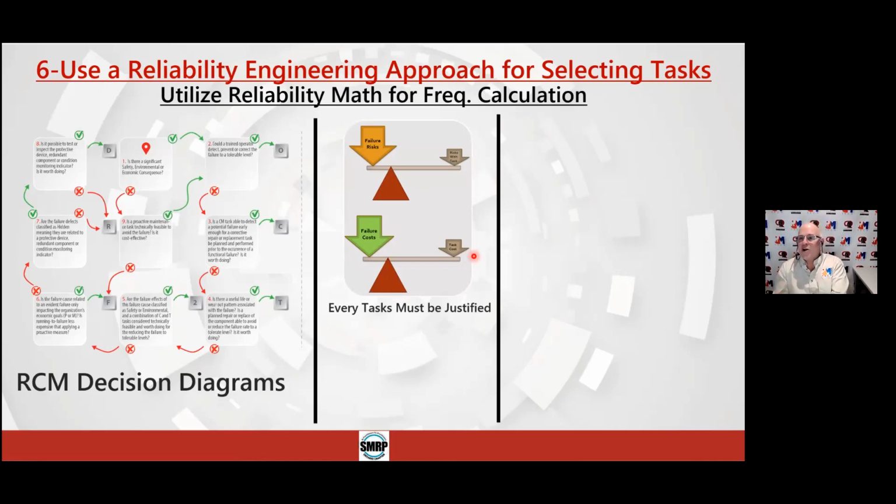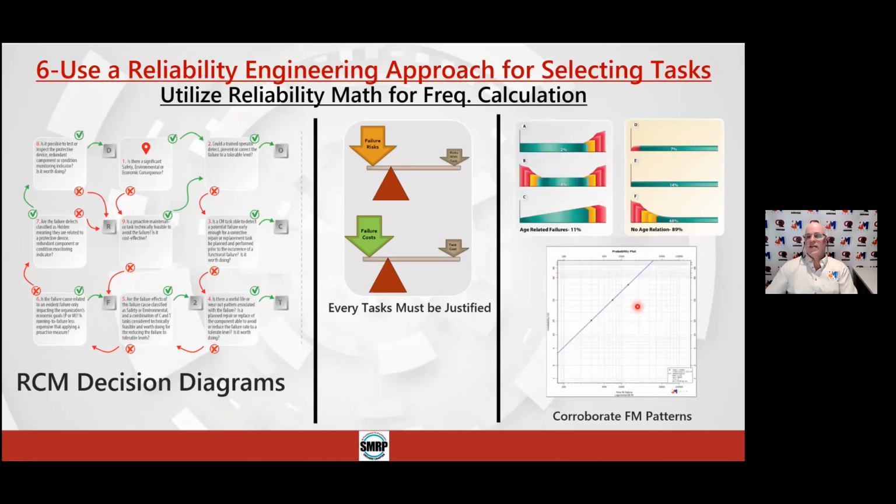A risk-based task is the result of something that we need to do just for reducing those risks to tolerable levels. So let's do this analysis. All the tasks have to be evaluated and justified.